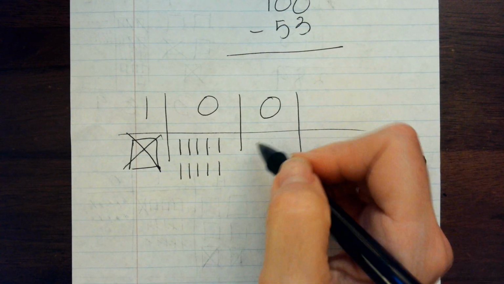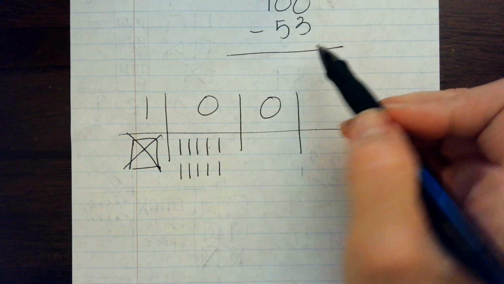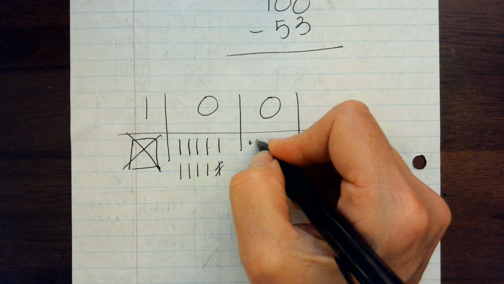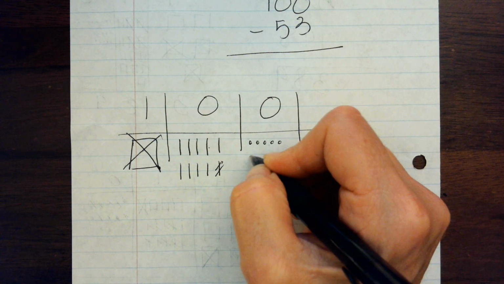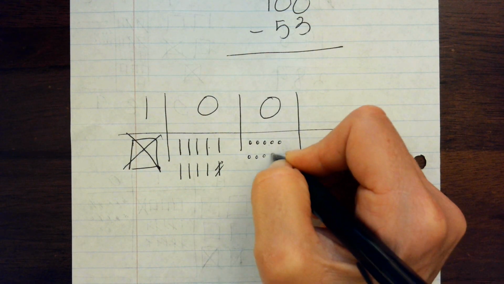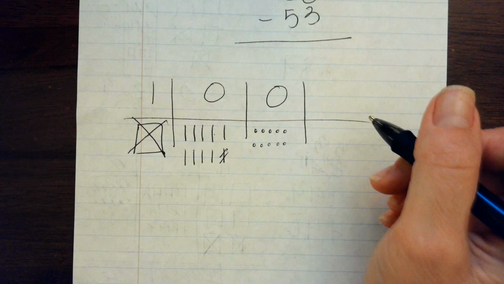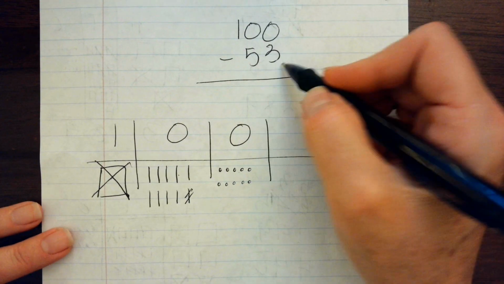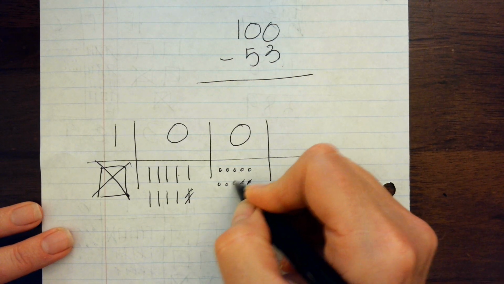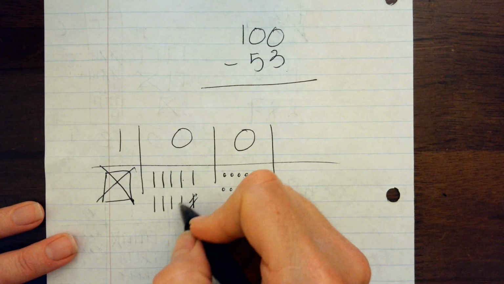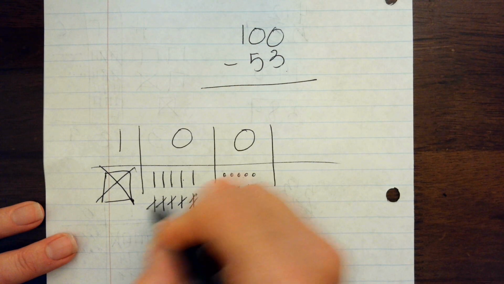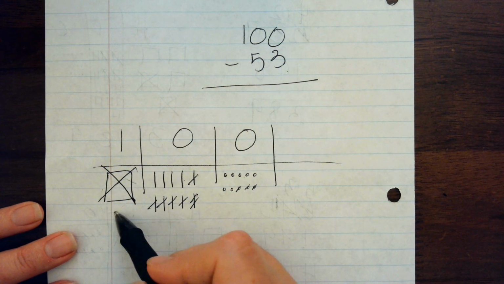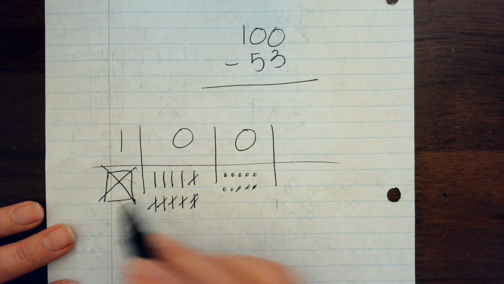And then I don't have anything here, and I know that I have to take 3 away. So I'm going to break one of these down. And now I could take away my stuff. So my stuff in this problem is 3, 1, 2, 3, and 5, 1, 2, 3, 4, 5. And then obviously I don't have to take anything away from here because we don't have anything left here.